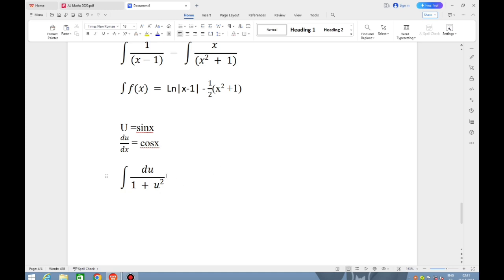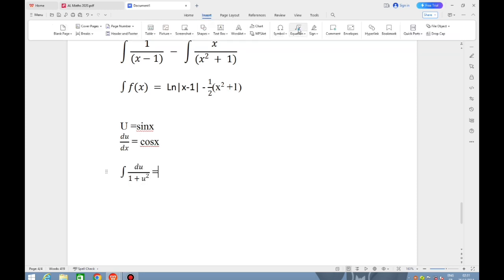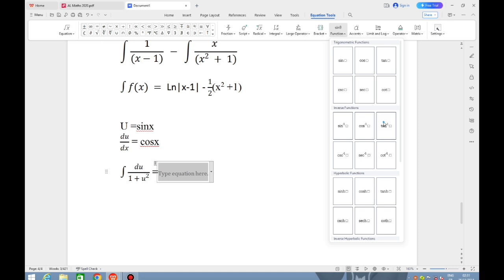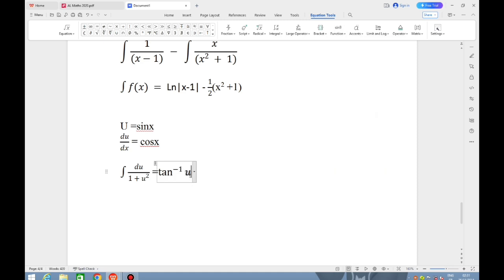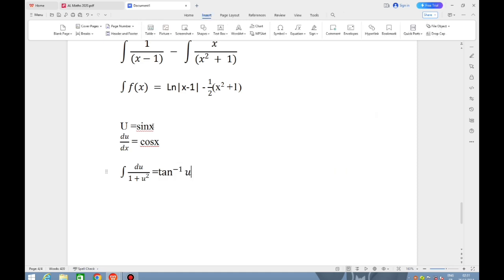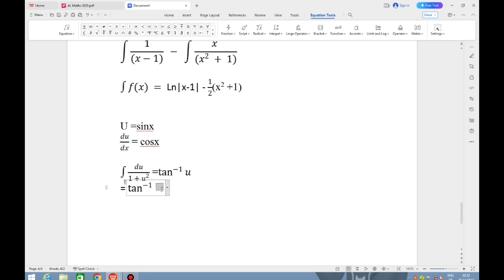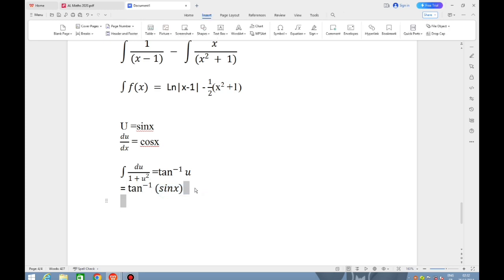So this is going to be equal to tan inverse u, and we know that u is equal to sin x, so this will be equal to tan inverse of sin x, and let's put that in a bracket, and this is the answer of the question.